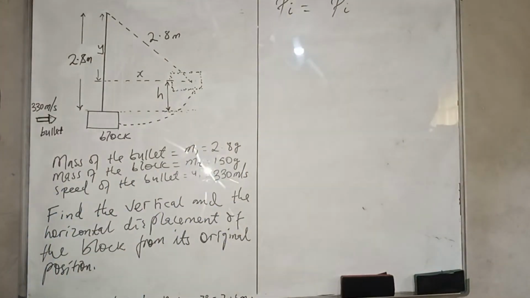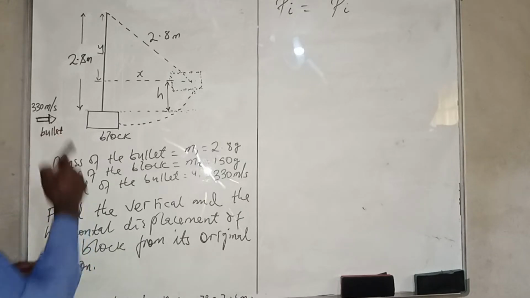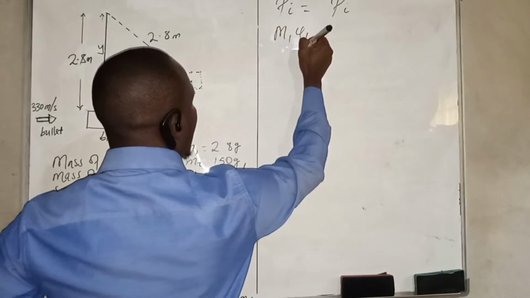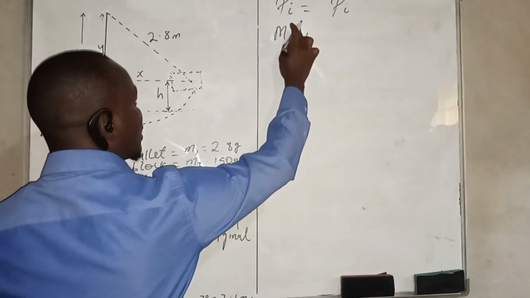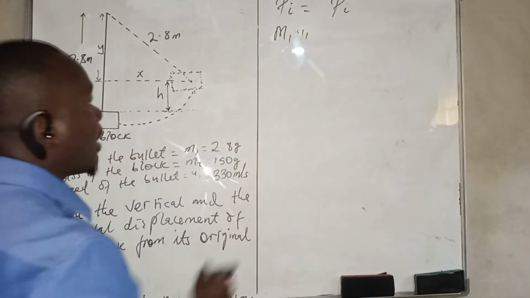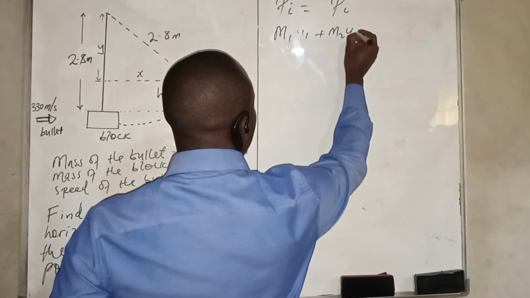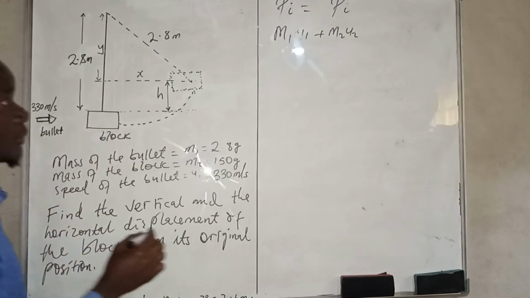So from here we have the momentum of the gun, m1 u1, because momentum is mv. This is the initial velocity of the bullet, plus m2 u2, the momentum of the block.